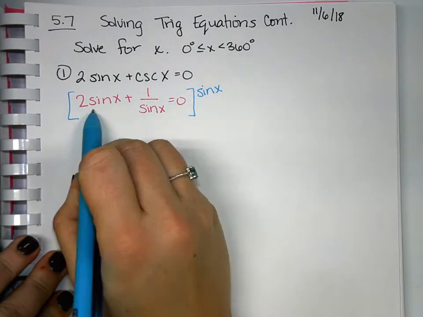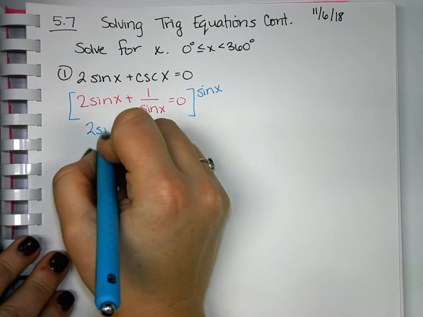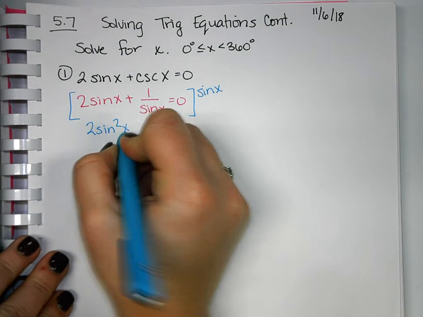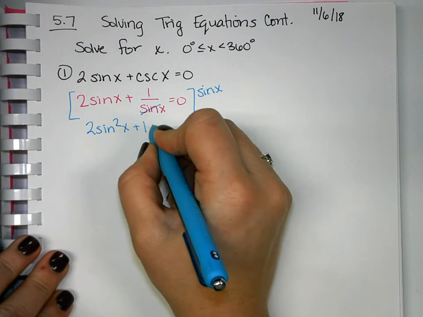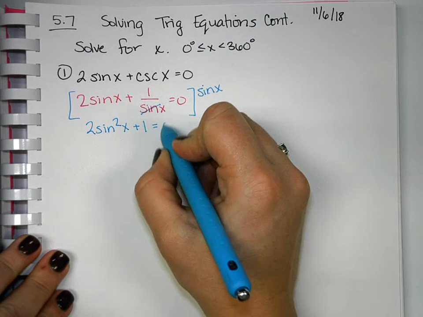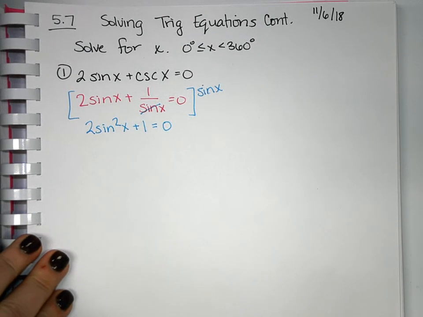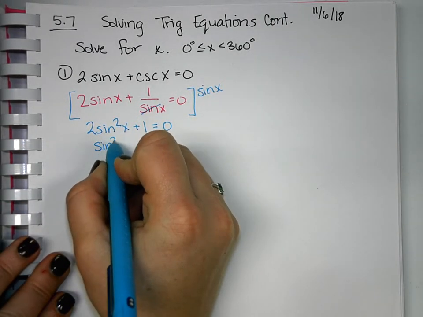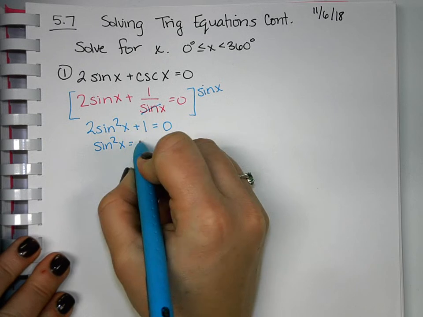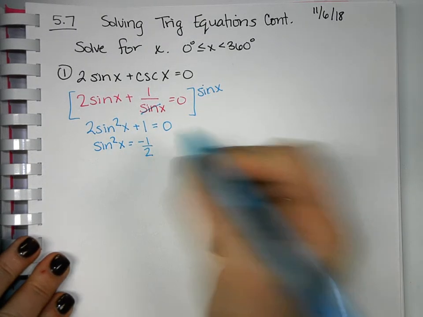So here I'm going to get 2 sine squared x. Here, it's going to cancel my denominator, leaving me with just 1, and anything times 0 will remain 0. So I'm going to solve for my sine squared x, get it by itself, and I get negative 1/2.